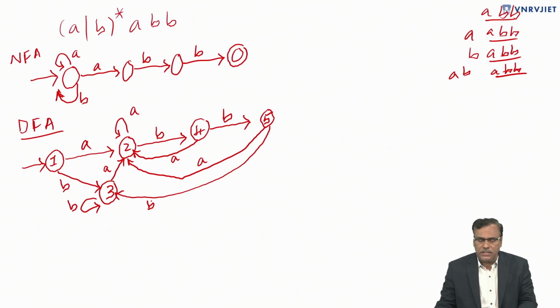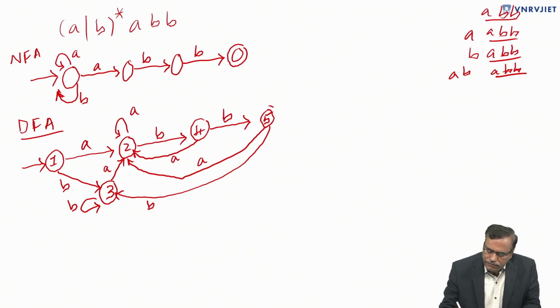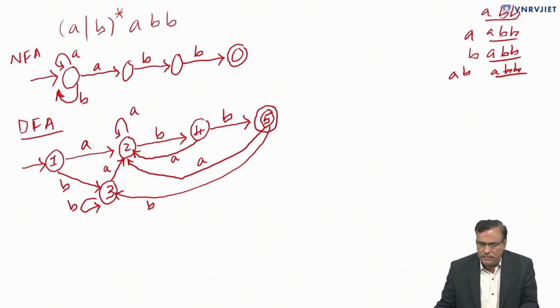So this is the DFA which corresponds to this regular expression. It also accepts the same language: any number of A's and B's of any combination ending with ABB. Here this 5 is the final state. 1 is the start state.